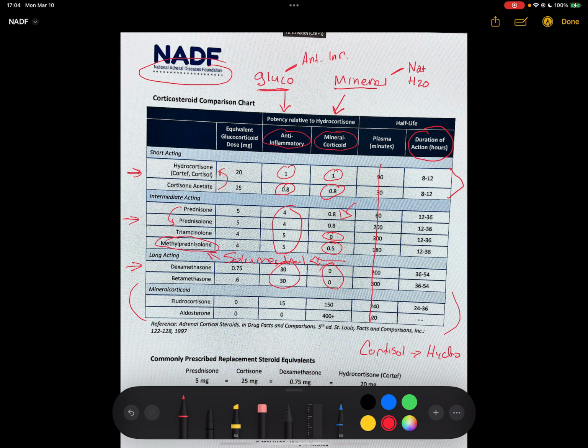So these include things like fludrocortisone, which actually has very potent glucocorticoid effects, right? 15 times what you would see with hydrocortisone, and incredibly potent mineralocorticoid effects, about 150 times the activity. And of course, it is fairly long-acting. It is kind of in the intermediate to long-acting range.